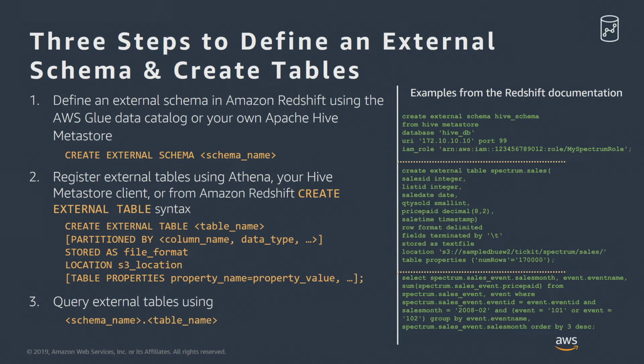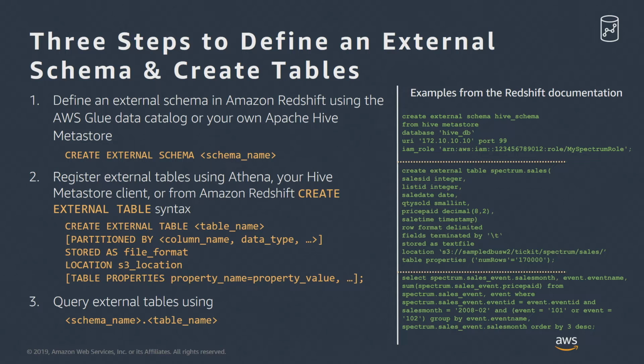So once we've defined the external schema and the external table, we can then query it, and we can use both Redshift data and Spectrum data in the same SQL statement just by including that schema name ahead of the table name. So you could think of it as select columns from internal Redshift table name and external table name.